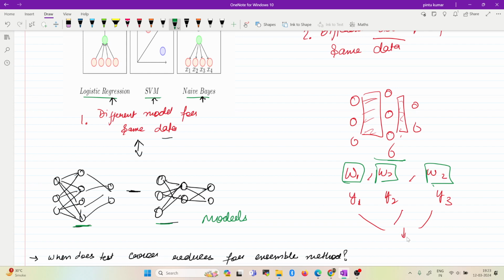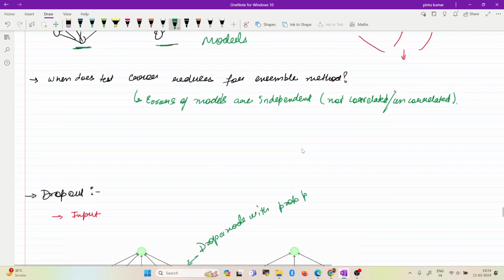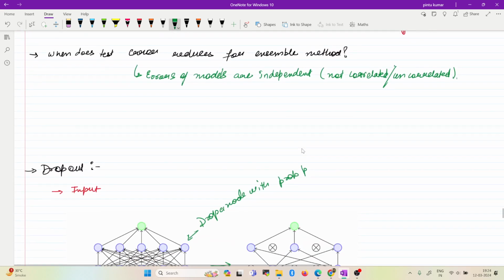So the classical ensemble method is not very great computationally for deep learning methods. We will do something known as dropout, which is similar to an ensemble but a smarter way of doing ensemble for deep learning methods.